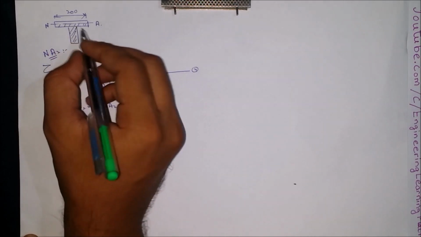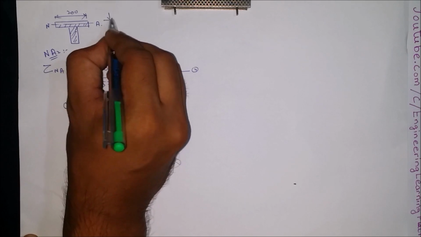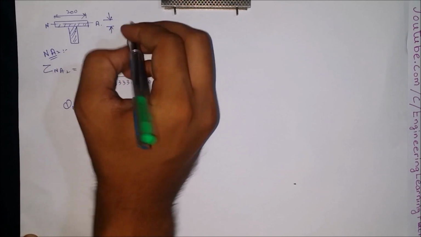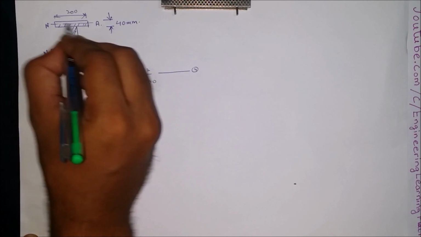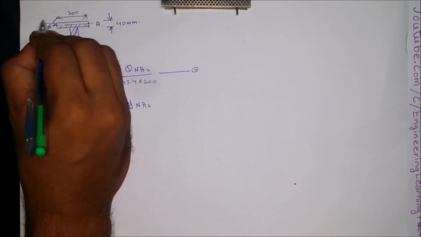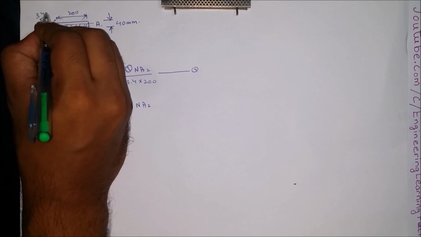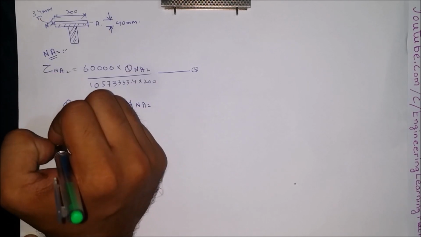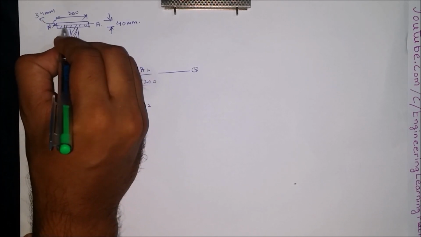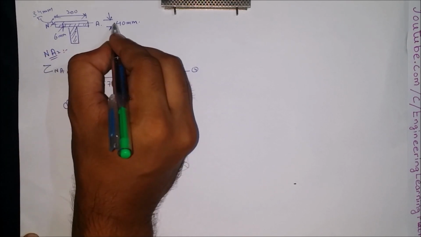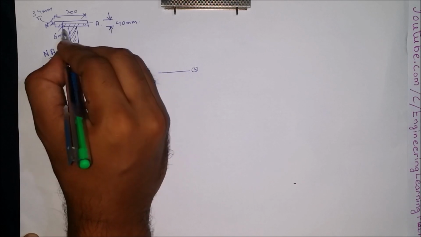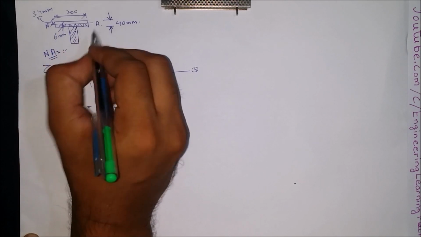The area is, since the thickness of this part is 40 millimeters and the neutral axis was at 34 millimeters, the thickness of this part is 6 millimeters. Since 40 minus 34 millimeter remains with 6 millimeter.